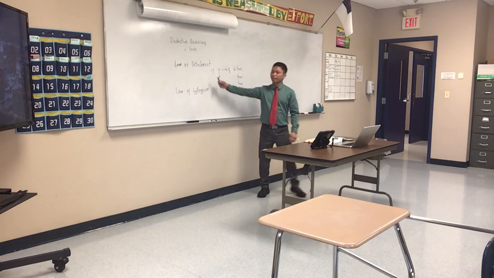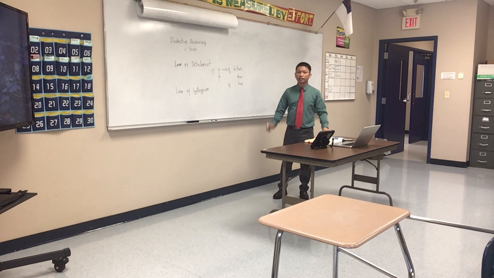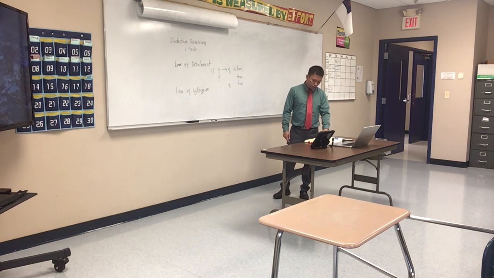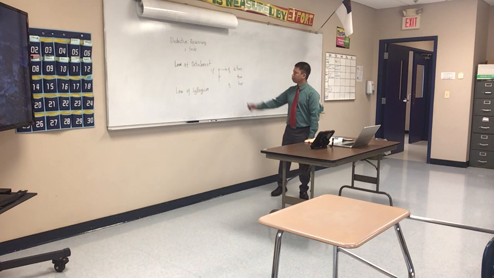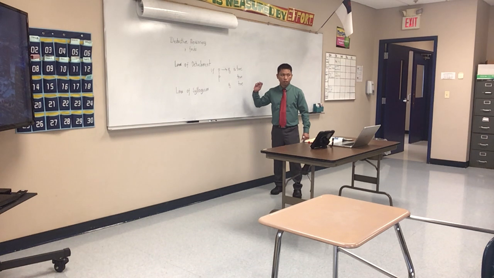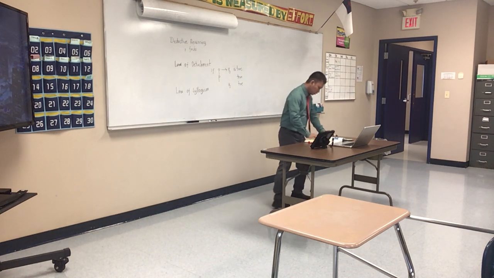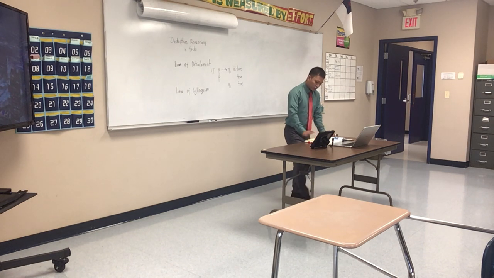Again, the law of detachment states that the conclusion is true if and only if P is true and Q is also true. So it should be both true. Okay? So let's have an example here.